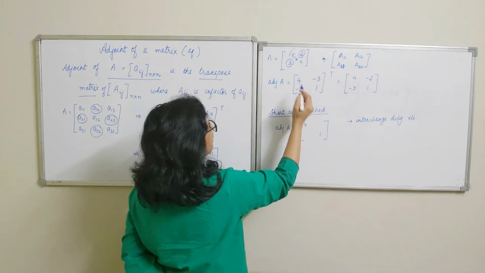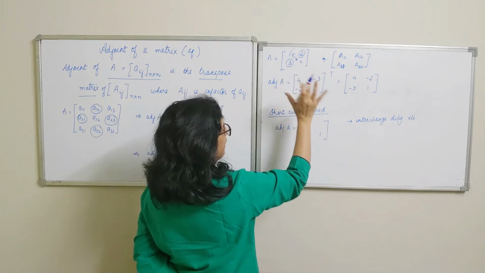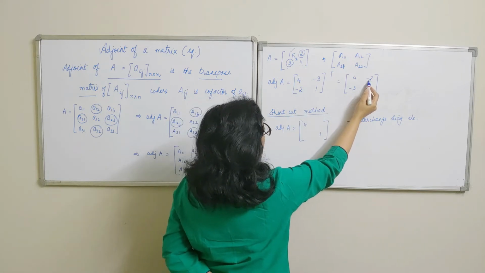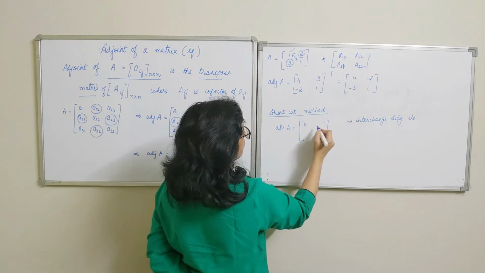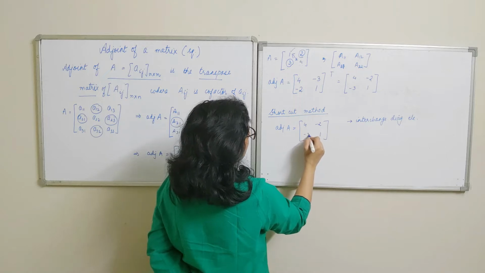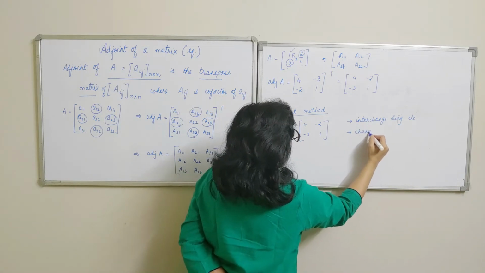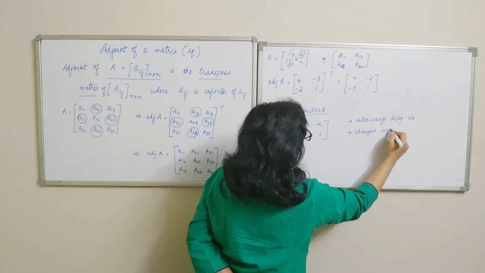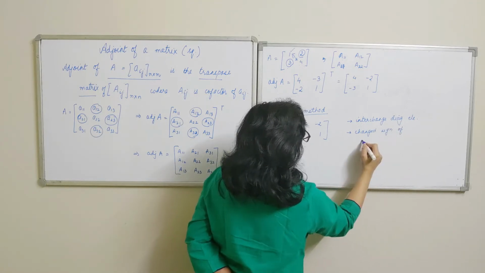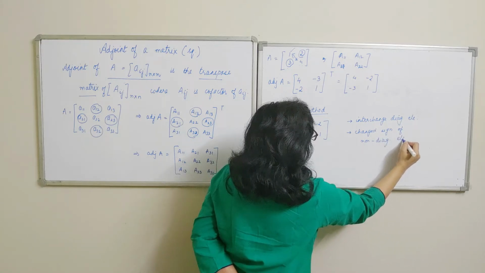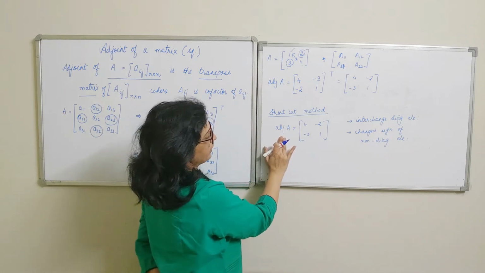Alright, next, the off diagonal elements remain as such, but the signs get changed. You can see here the element is 2 and the element is 3 with opposite signs. So here in the next step we have changed sign of non-diagonal elements. So the adjoint can be directly found.